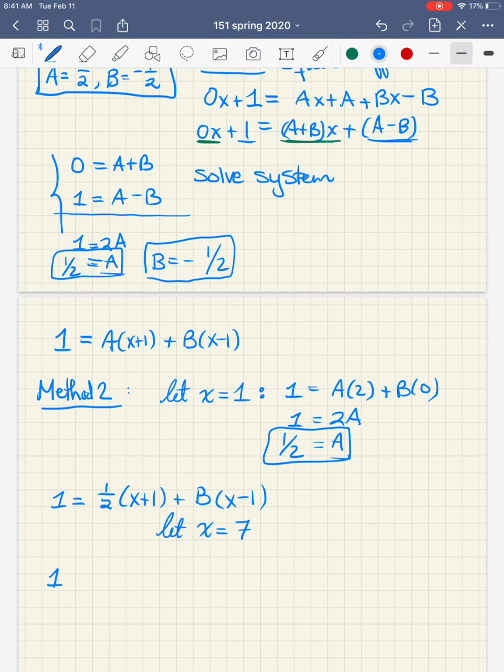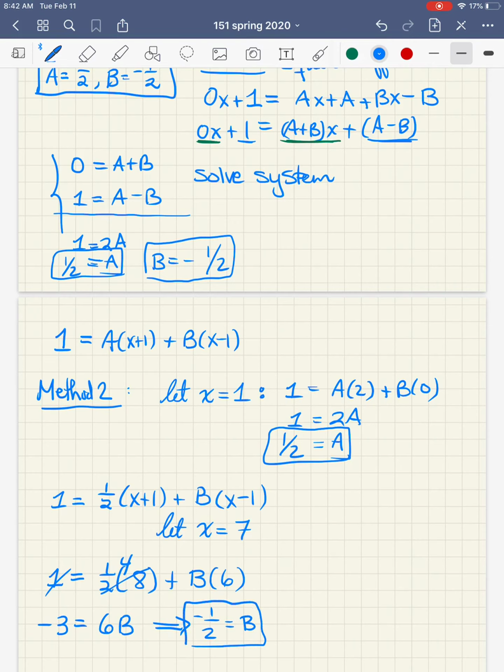Then I'd get 1 equals 1/2 times 8 plus b times 6. Once the dust settles, this is going to be a 4. So I subtract from 1, I get negative 3 equals 6b. And that's going to mean that b equals negative 1/2.